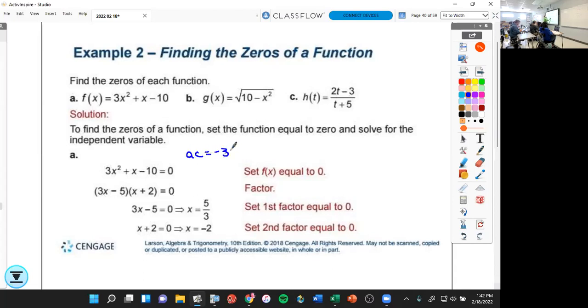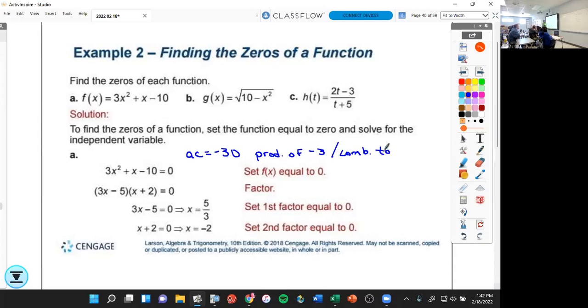-30. Which means I need a product of -30 that combine to what number? 1. So what two numbers multiply to get -30, but add together to get 1?